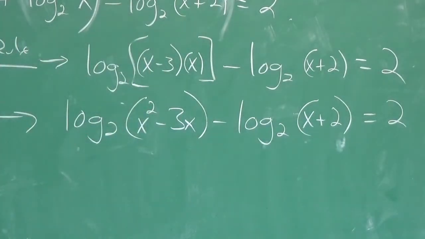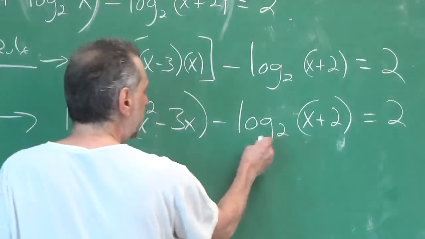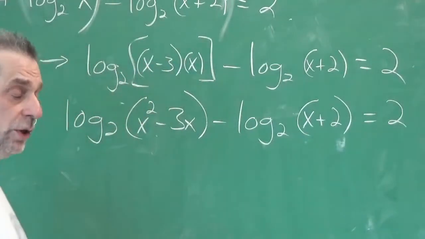Actually, this isn't a good example of the one-to-one property either, but it's a good example of a logarithmic equation. Now we're going to combine those 2, the difference: logarithm base 2 of this minus logarithm base 2 of this, using the quotient rule.